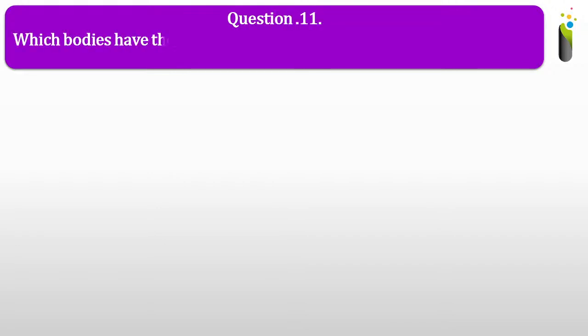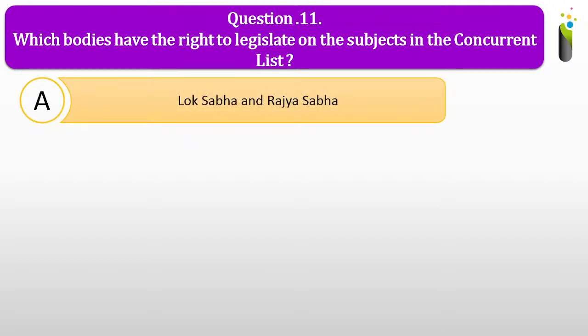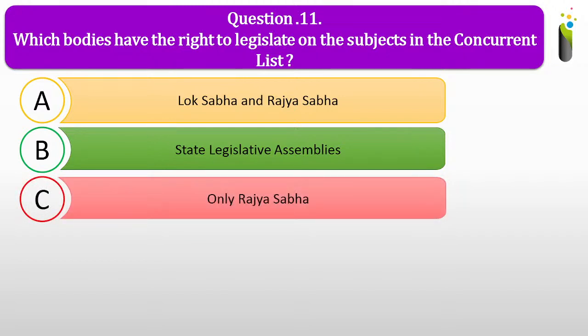Question number 11. Which bodies have the right to legislate on the subjects in the concurrent list? And your options are A. Lok Sabha and the Rajya Sabha. B. State legislative assemblies. C. Only Rajya Sabha.